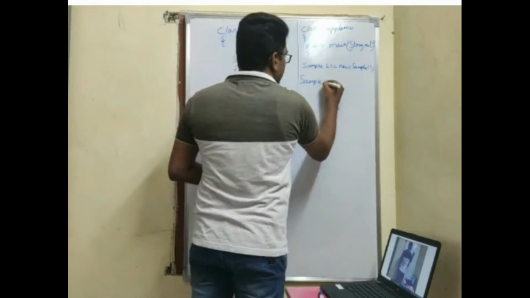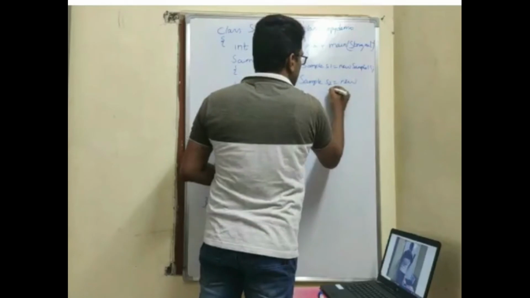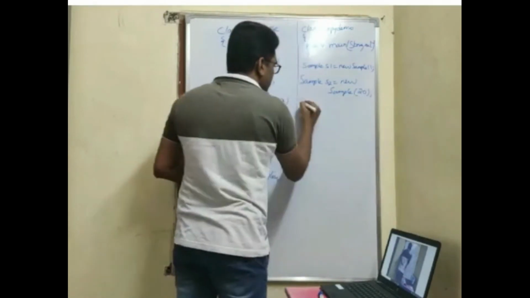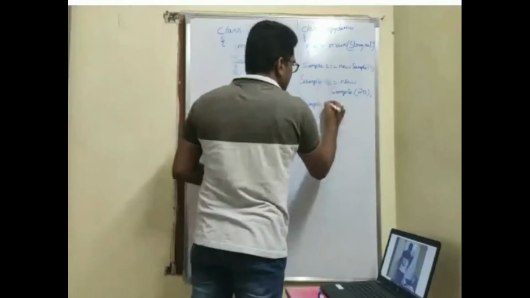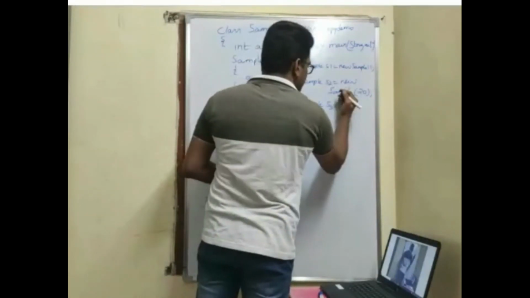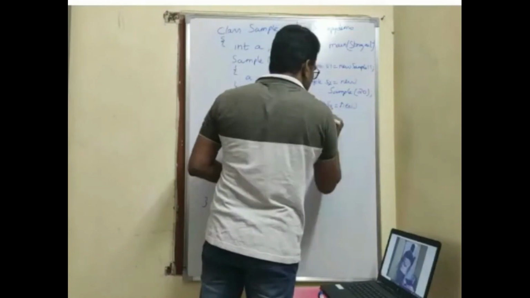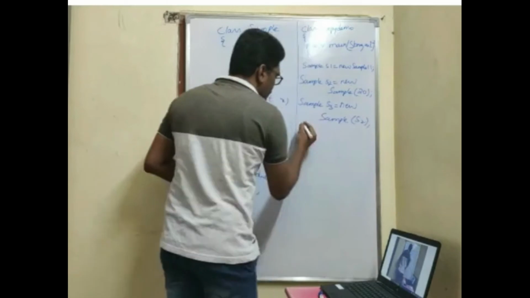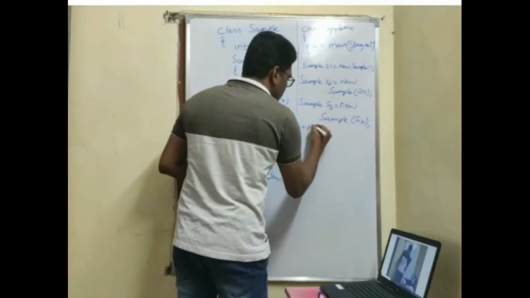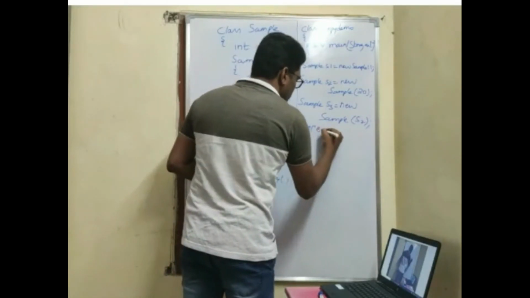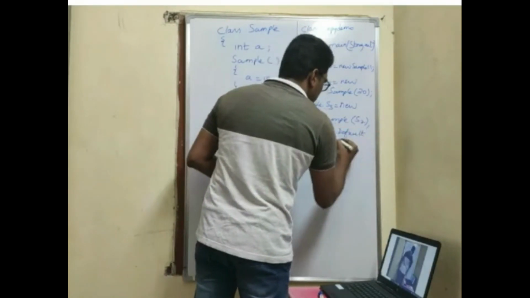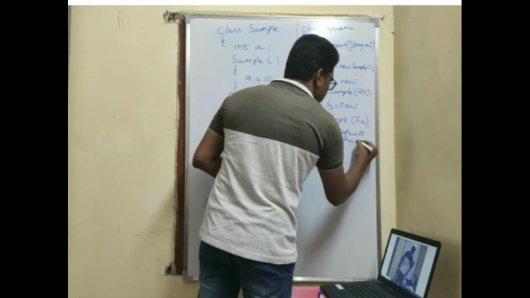Sample s2 is equal to new Sample, passing 20. Sample s3 is equal to new Sample of s2. So now System.out.println by using default constructor. Okay, I'll explain this, don't worry.